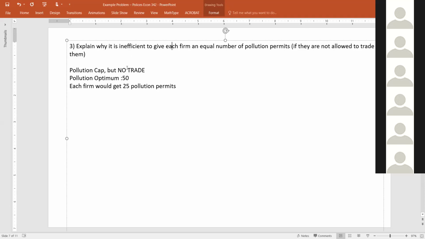So if we've solved that the optimal number of pollution is 50 units of total pollution, why don't we just say each firm is allowed to pollute 25 times? 2 firms, 25 each, that's 50. You with me? Oh, okay, yeah, I get it.